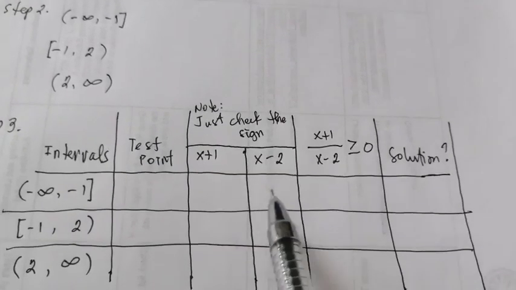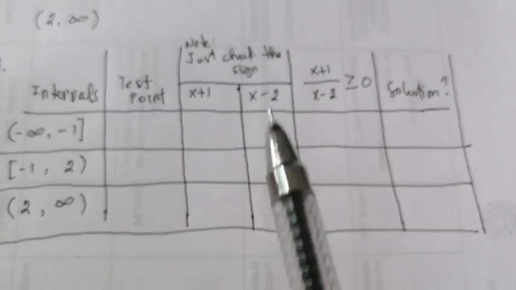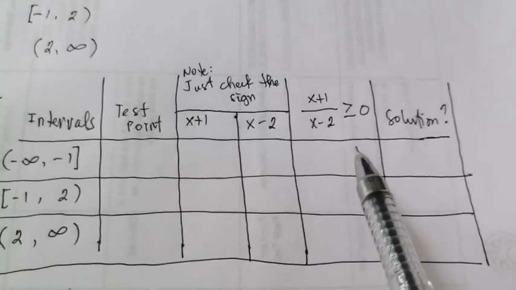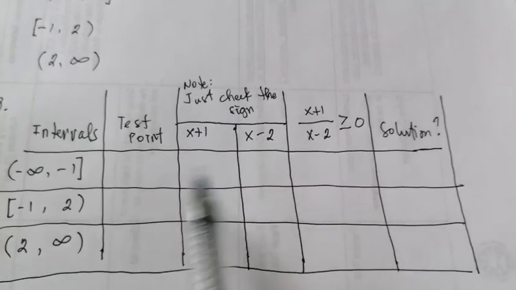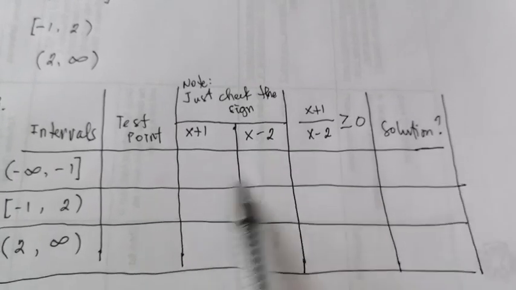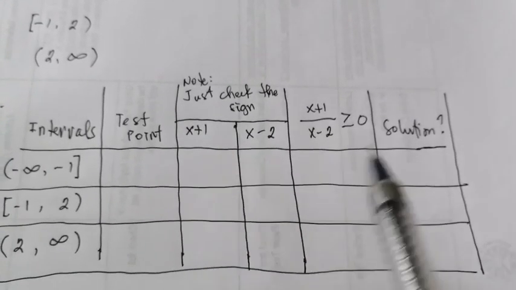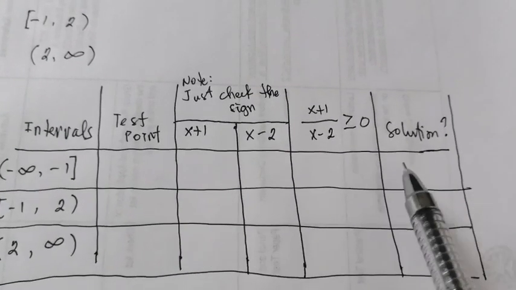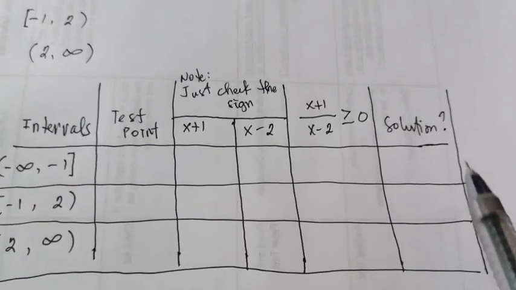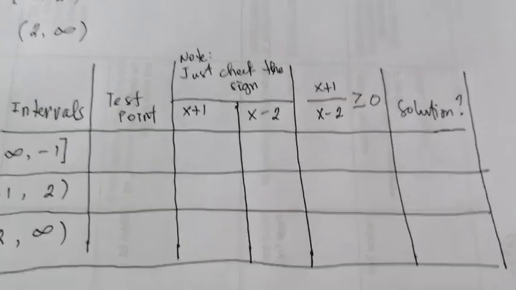Okay, no need the exact value. Just the sign. Tapos, yung next column naman, dito natin ilalagay yung ratio. Yung ratio ng dalawang factor expression na nakuha natin. Then, since ang required natin ay greater than or equal to 0, doon natin ilalagay, i-check natin our x kung tama siya o hindi. Okay?